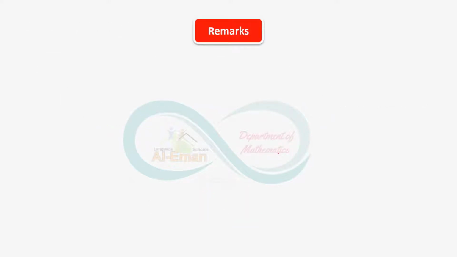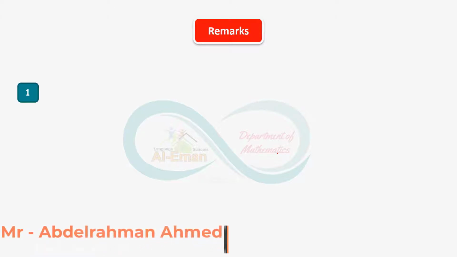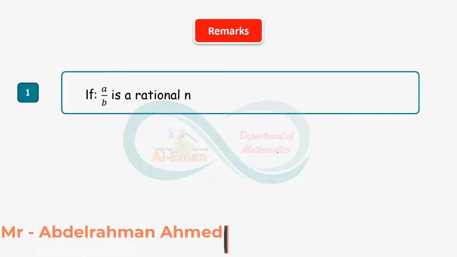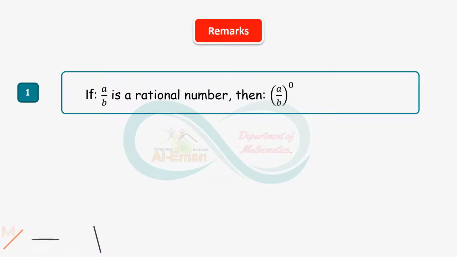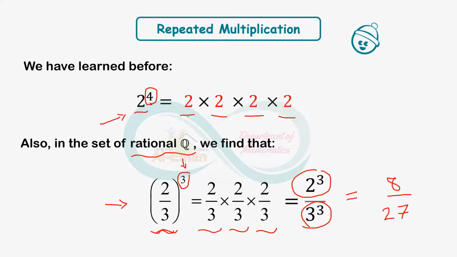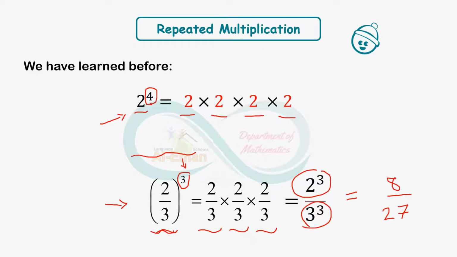We have here some remarks. Remark 1: if a over b is a rational number, then a over b to the power 0 equals 1, where a is not equal to 0. Let's go back to the previous example. Notice that any number with no written power already has a power of 1, and we don't write it for simplicity.